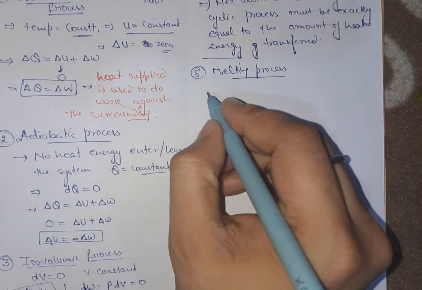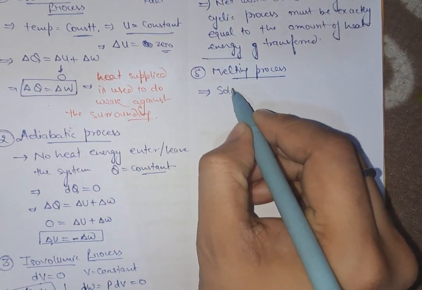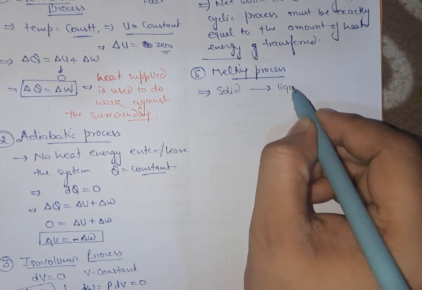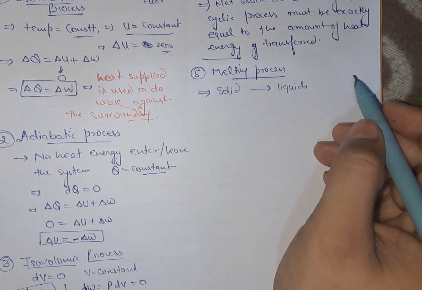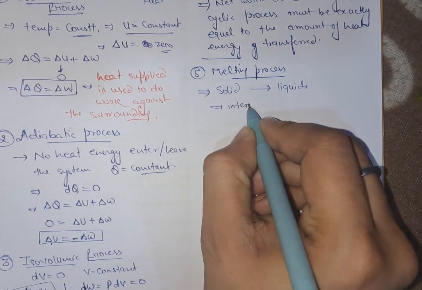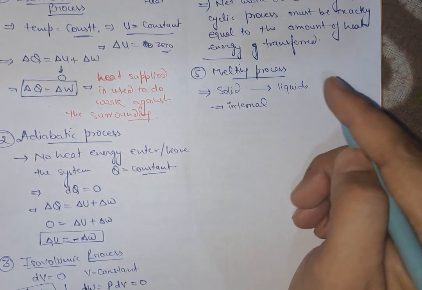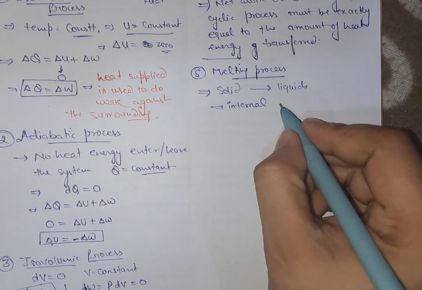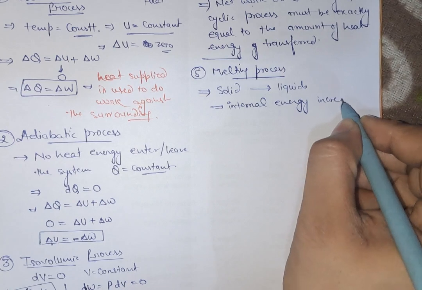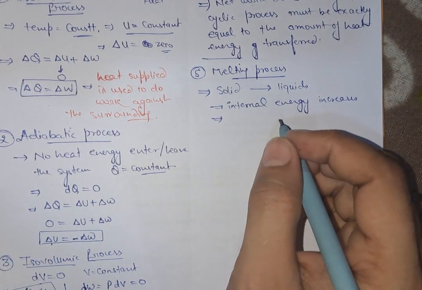So we can say that when a solid melts into liquid, the internal energy increases. Why does internal energy increase? Since the kinetic motion starts to increase.